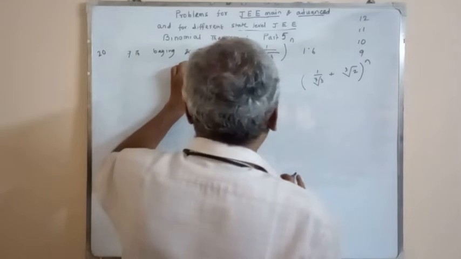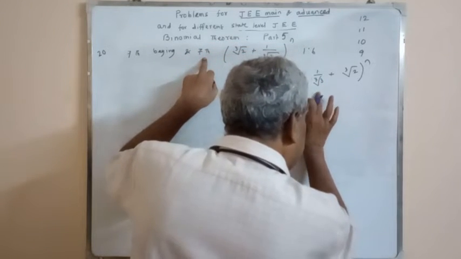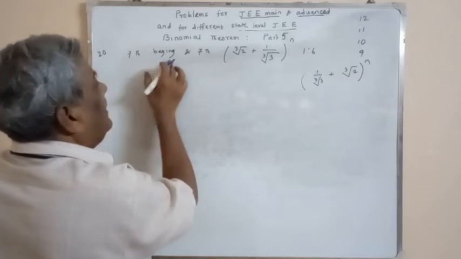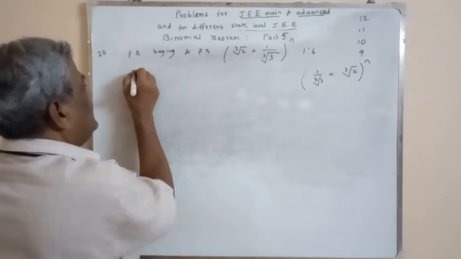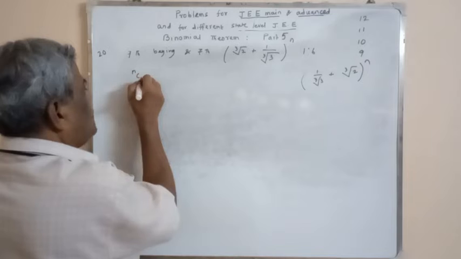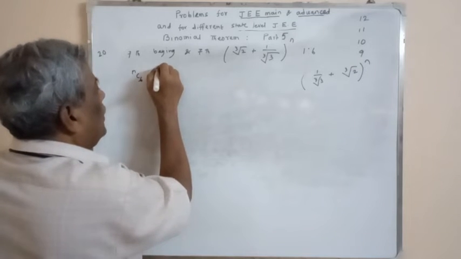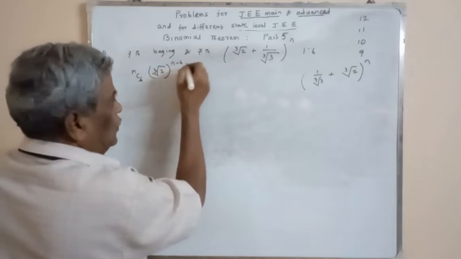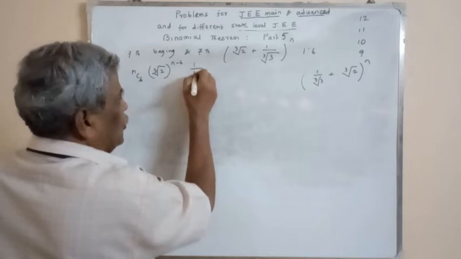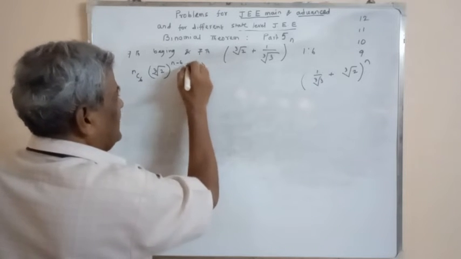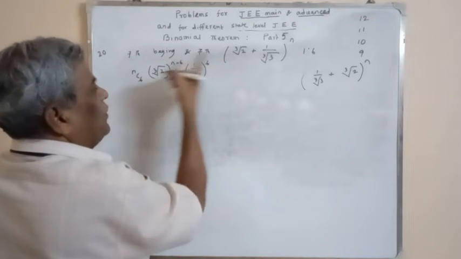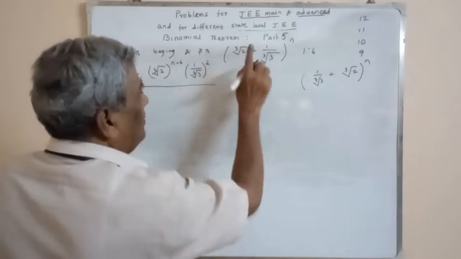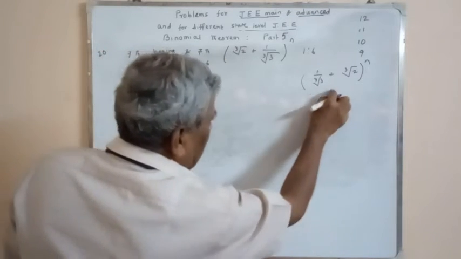So, seventh term from the end is seventh term from the beginning of that. Mind that. So, seventh term from the beginning of this is equal to nC6 into (cube root of 2) to the power n minus 6 into (1 by cube root of 3) to the power 6.